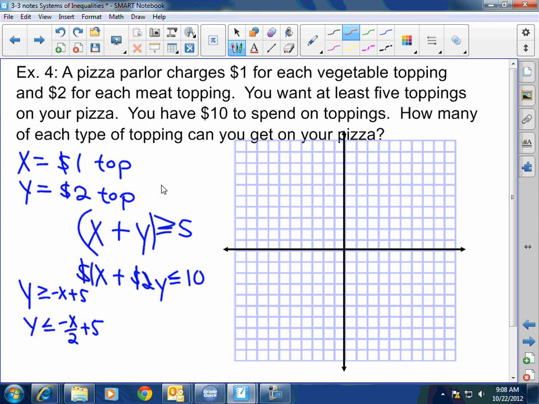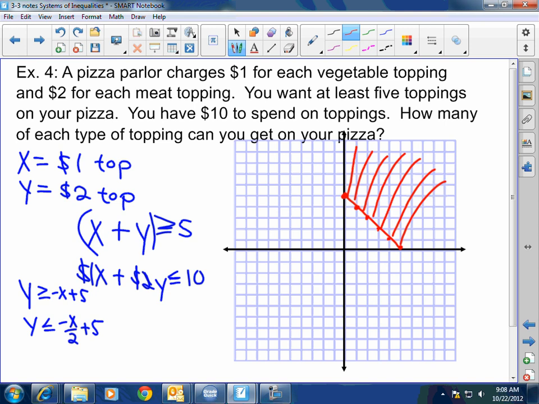Equation 1, y is greater than or equal to negative x plus 5. 1, 2, 3, 4, 5. Down 1 over 1, down 1 over 1, down 1 over 1, down 1 over 1, down 1 over 1. Boom, done. And that's greater than or equal to.